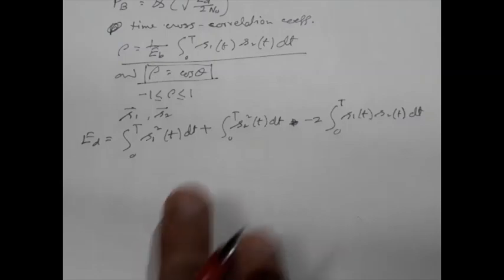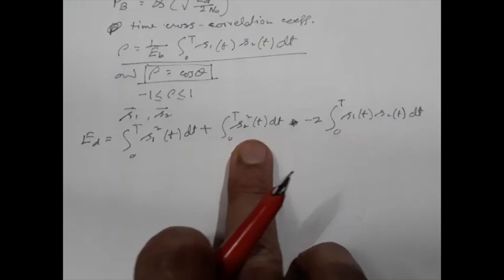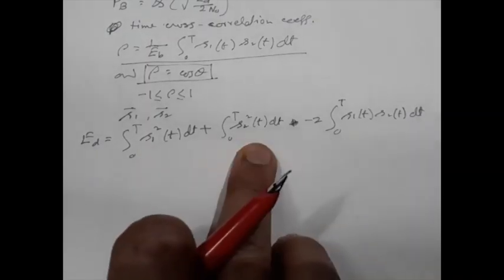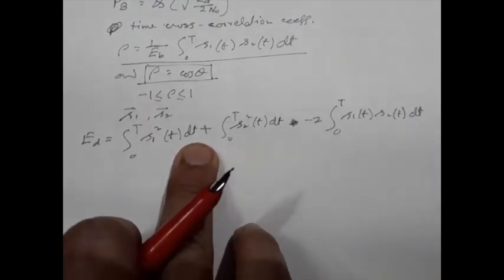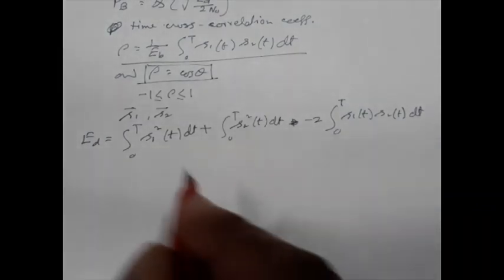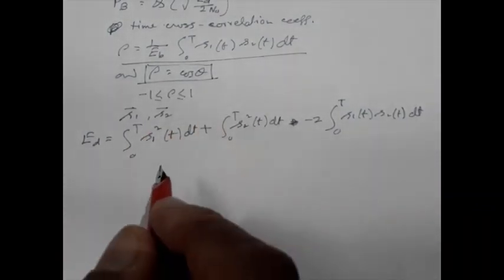If we see this expression, this term and this term are nothing but the bit energy, and we have already seen that bit energy is written as EB. So these two terms are the bit energy EB.